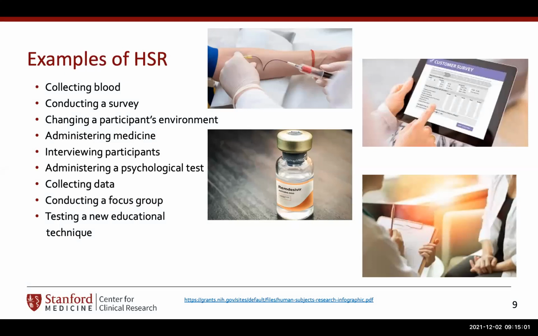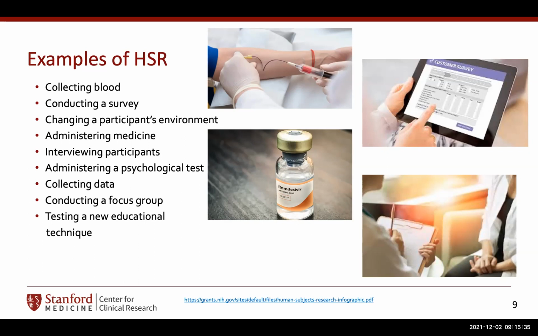So here are a few examples of human subjects research. Obviously, if we're collecting biospecimens or blood, that is considered human subjects research. Again, conducting a survey, changing a participant's environment and observing that change or reaction, administering any sort of medicine or investigational product, interviewing participants, administering a psychological test, collecting data, conducting a focus group, or testing a new educational technique.